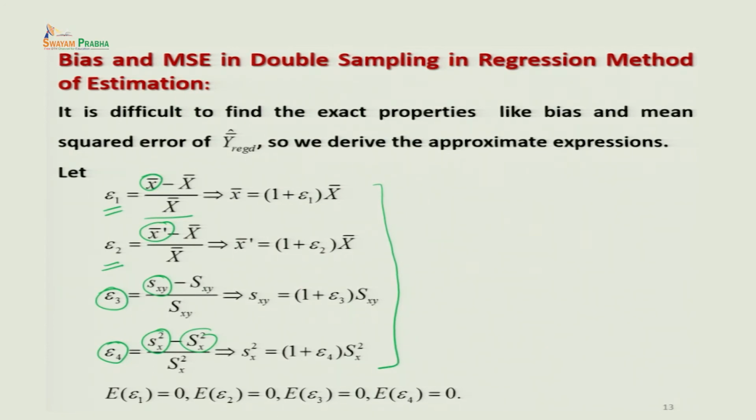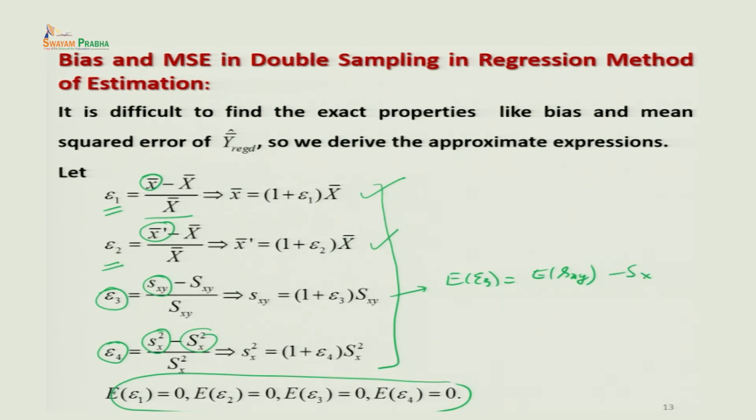So now if you take their expectation, obviously they are going to be 0. This we already have done. Now in this case, the expected value of epsilon 3 becomes the expected value of small Sxy minus capital Sxy upon capital Sxy, and since we have used SRS WOR, the expected value of small Sxy is going to be capital Sxy, so this becomes Sxy minus Sxy upon Sxy, which is 0, right.